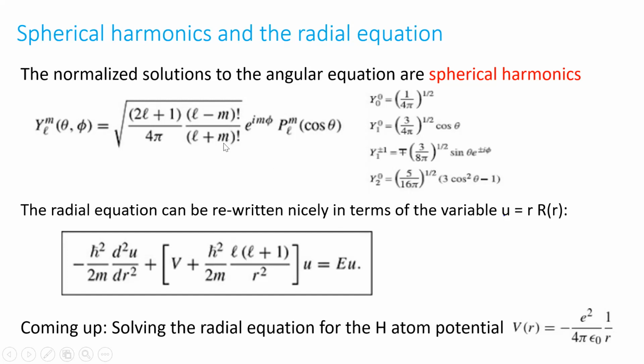And then we did 2 separations of variables. The first separated out the angular equation, which we were able to solve nicely in general for the central potential, no matter what the central potential V of r is. And the solutions are the spherical harmonics here. And then we were able to rewrite the radial equation in terms of the function u in a reasonably compact form, which we can handle.